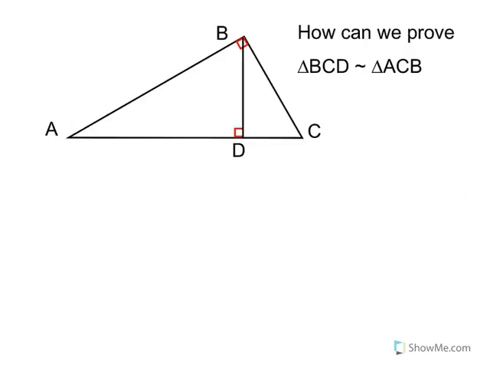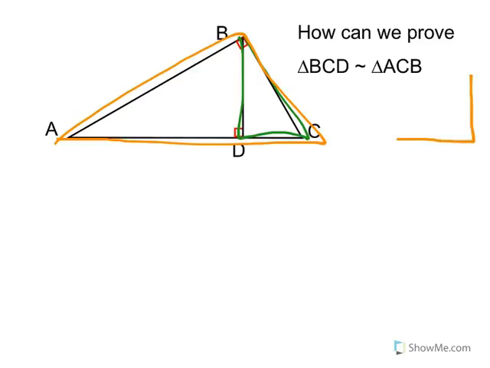So we're first going to look at trying to prove that triangle BCD, which is this triangle, and triangle ACB, which is the whole thing, are similar. So let's start out by drawing those two triangles, rotating them so that they're facing the same way.